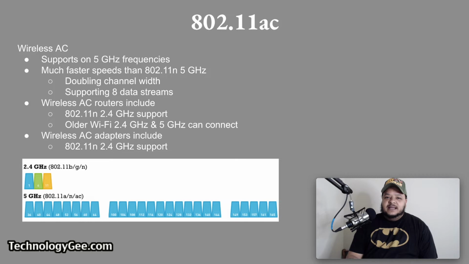And 802.11ac wireless adapters also include 802.11n 2.4 gigahertz support. In this image here, you can see that the 5 gigahertz band has way more channels for you to select from that do not overlap, as opposed to the 2.4 gigahertz range.